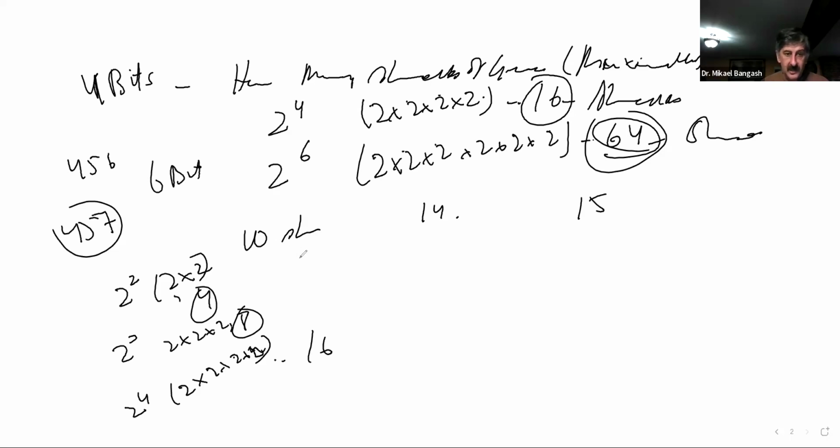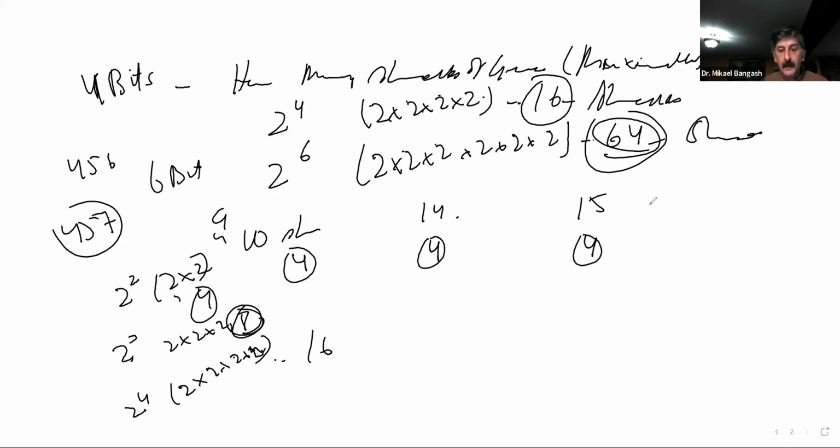So whether it was 10 shades, 14 shades, or 15 shades, we need 4 bits. Even if it was 9 shades, we would need 4 bits, because 3 bits was too low. 3 bits could only give us up to 8 shades.